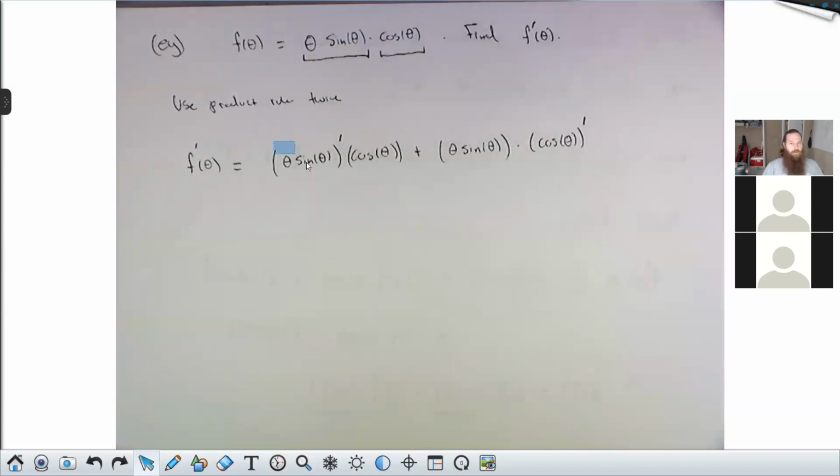So I differentiate the first piece, leaving the second piece alone. And then I add that to what I get by leaving the first piece alone and differentiating the second piece. This is just applying the product rule. But the catch is that within here, I need another product rule.